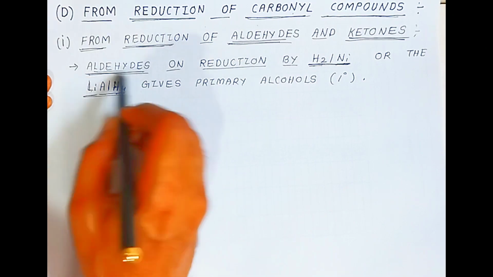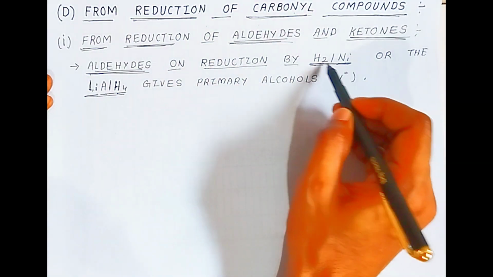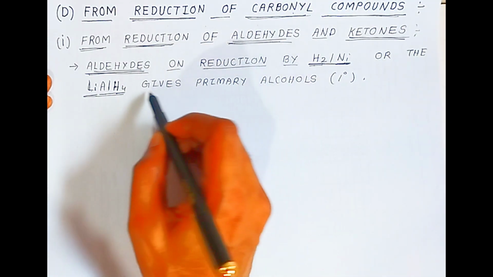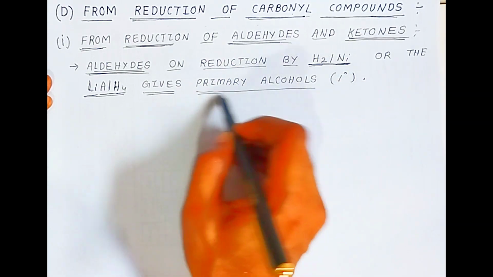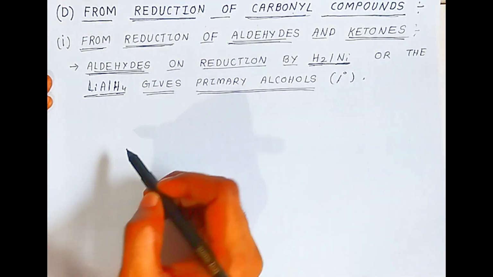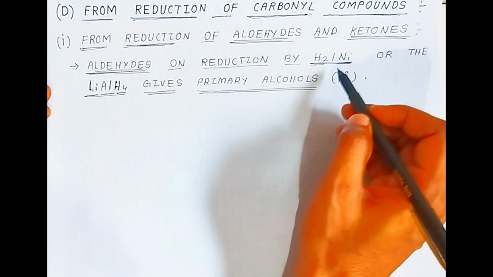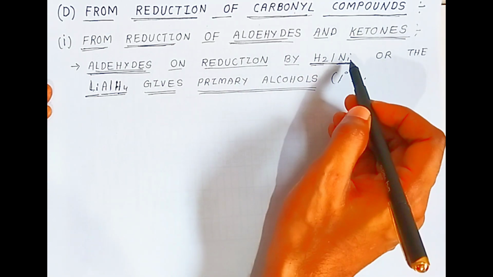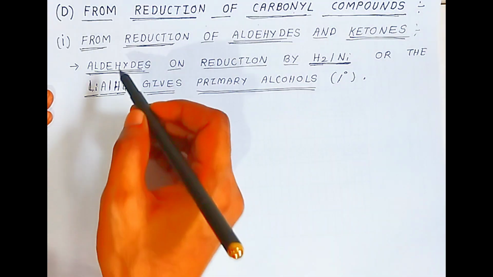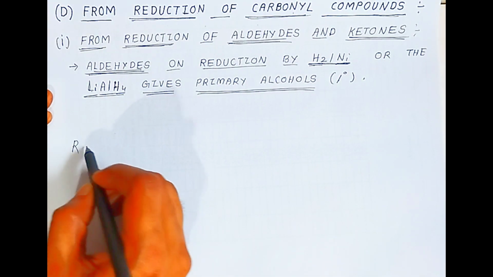Now, students, aldehyde on reduction by hydrogen will always give you primary alcohol, first degree alcohol. If you want to prepare it from aldehyde, you have to use hydrogen gas in presence of nickel or lithium aluminum hydride. How do you write aldehyde, students? This is the formula of aldehyde.